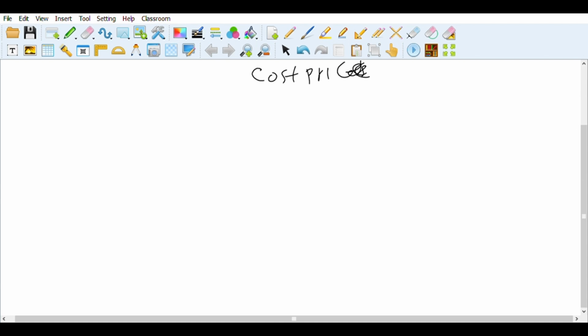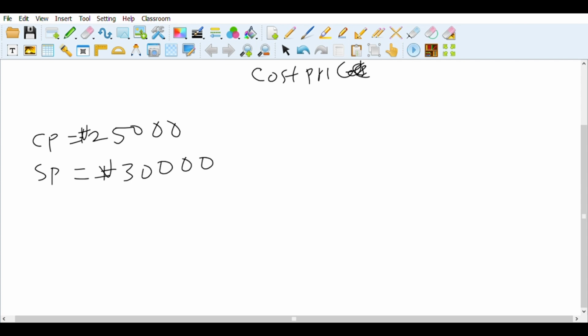So to calculate the percentage profit, what we have to do is calculate the profit from the equation. We bought at 25,000. That's cost price, 25,000 naira. And then we sold, selling price, at 30,000.